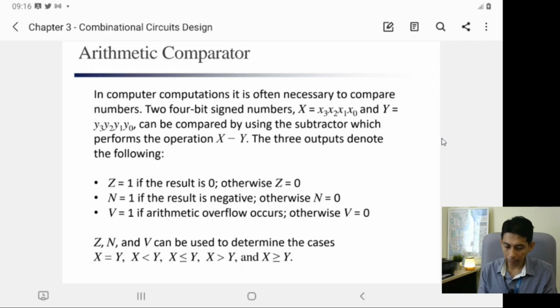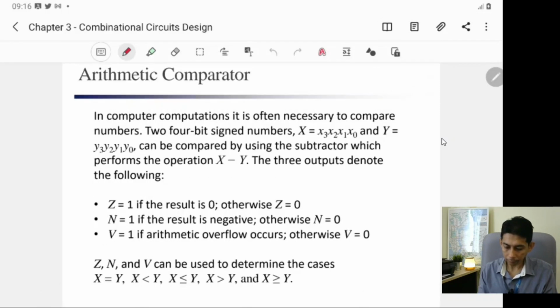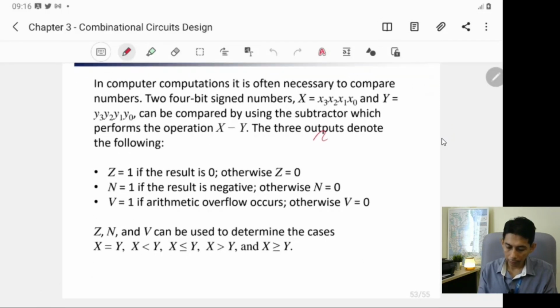For example, if we have A and B, we want to know whether A is bigger than B or not, or A is equal to B or not, or A is less than B or not. We can simply take A minus B and look at the result.